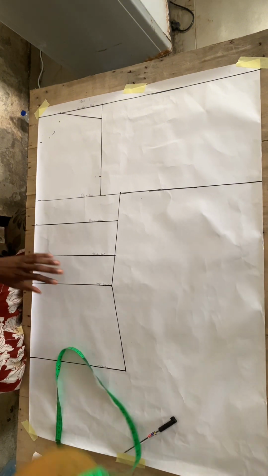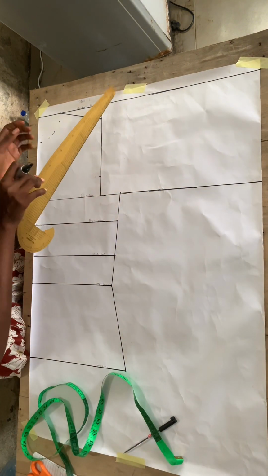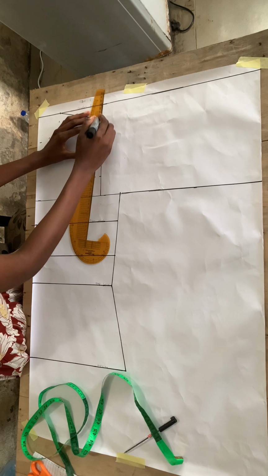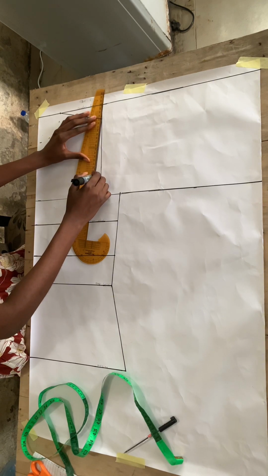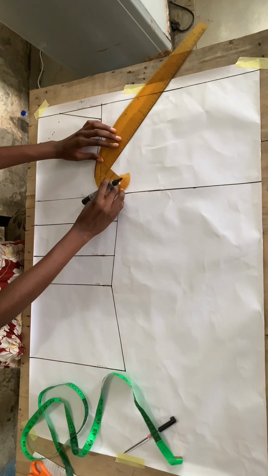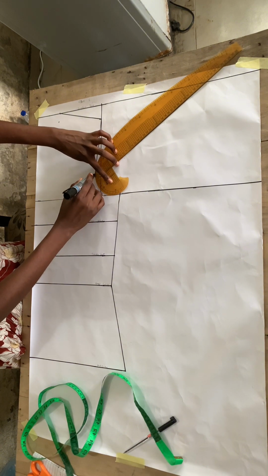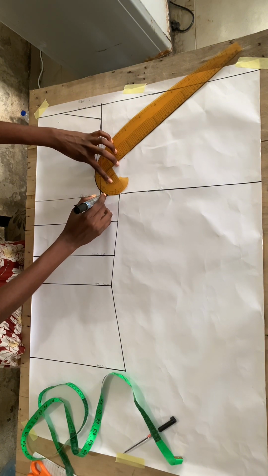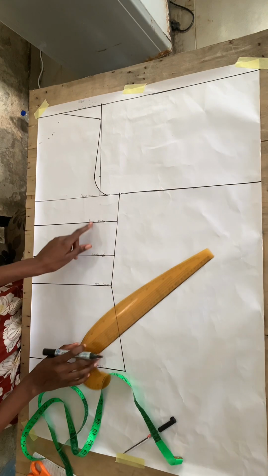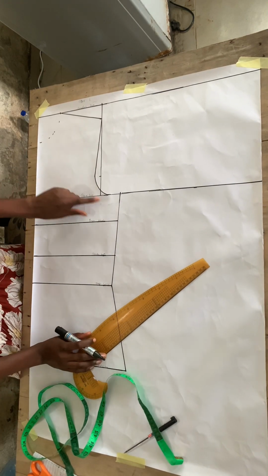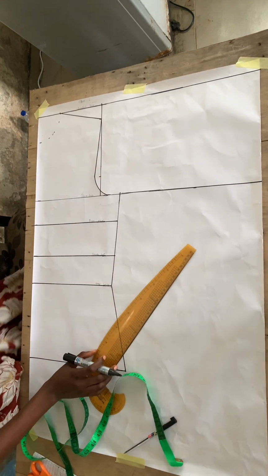This is to ensure that the bust sits properly inside your dress. When you are done with that, you connect from the shoulder slant to that point and then curve from that point to the end of your bust measurement, and then you get your armhole curve.